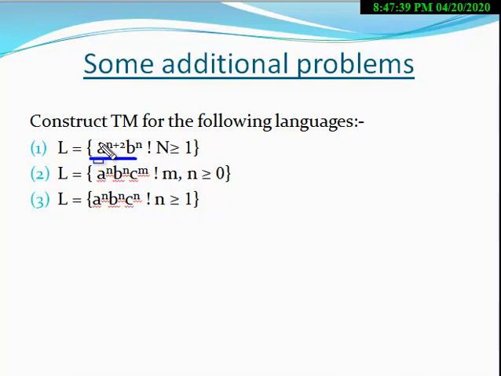When the first a appears, you have to remove the first a, then go to the first b and remove the first b, again move left, remove the second a, and again remove the second b, right? Similarly you have to move left and right, and remove a and b simultaneously.